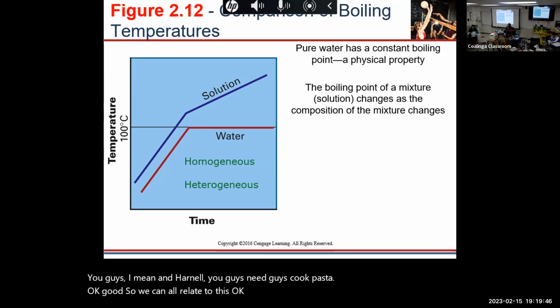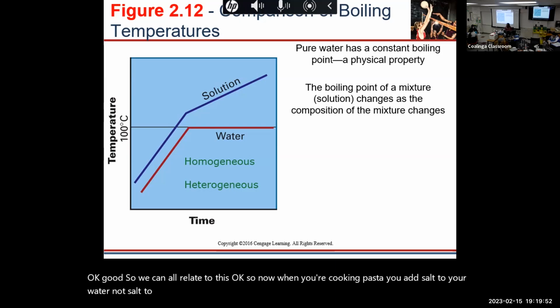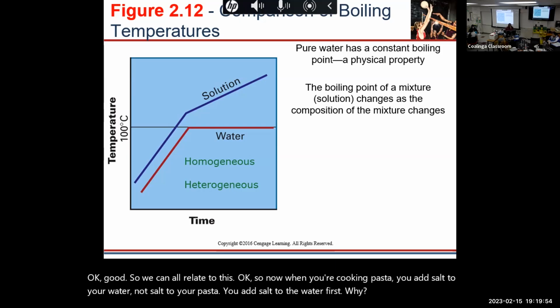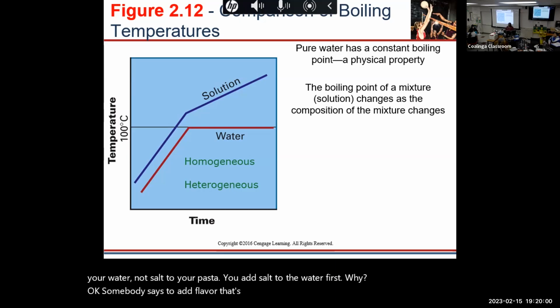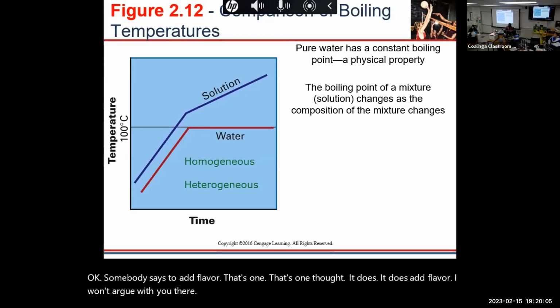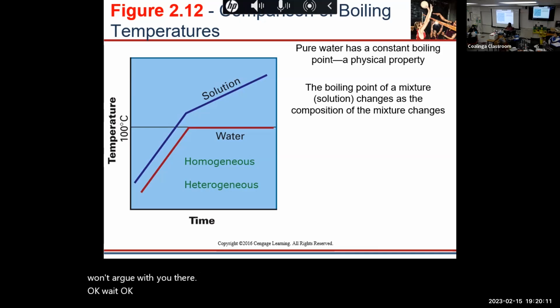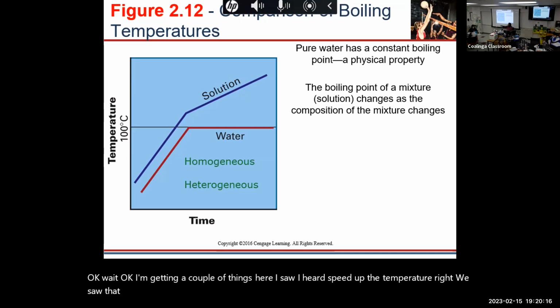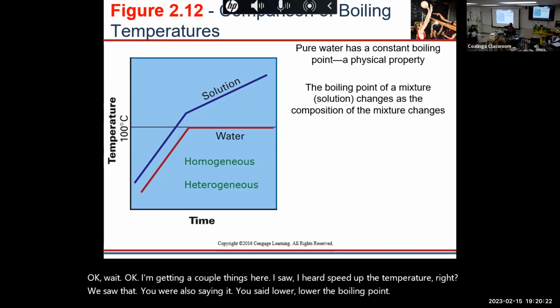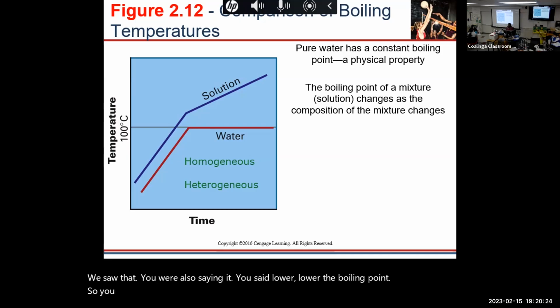So now, when you're cooking pasta, you add salt to your water. Not salt to your pasta, you add salt to the water first. Why? Somebody says to add flavor. That's one thought. It does add flavor. I heard speed up the temperature, and lower the boiling point.